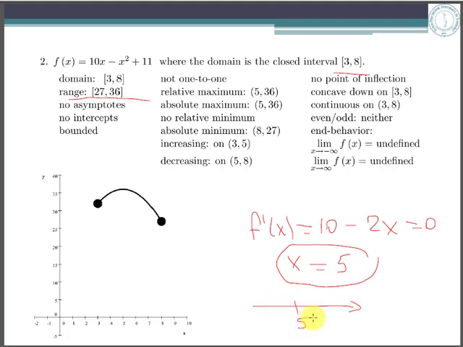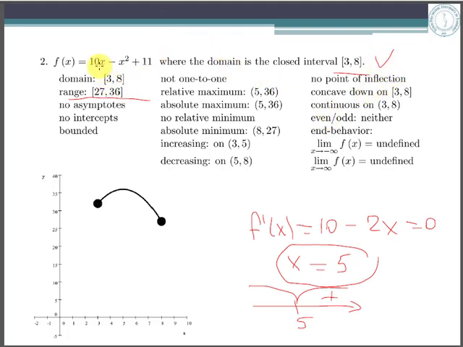So 5. And on the right side of 5, if we put 6, for example, to our function, we get 60 minus 36, and this is plus. And on the left side of 5, we cannot put 0 because we consider the closed interval, of course. We can put 3, for example.